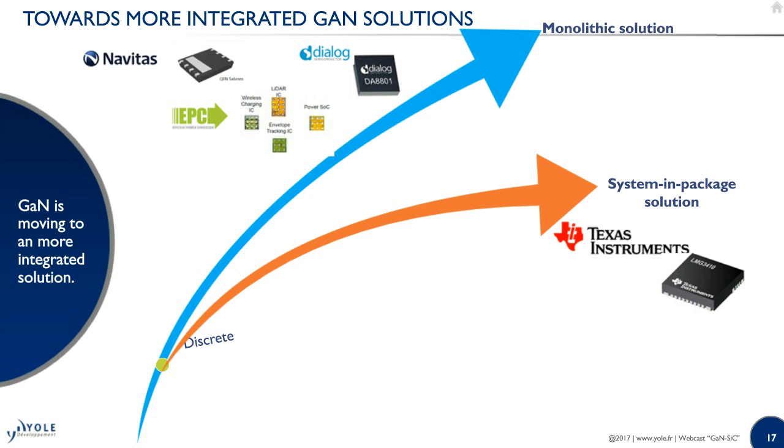There is also Texas Instruments, which proposes a system in package solution with an integrated driver in the same package as the GaN. It seems that there is a clear trend toward a more integrated solution.